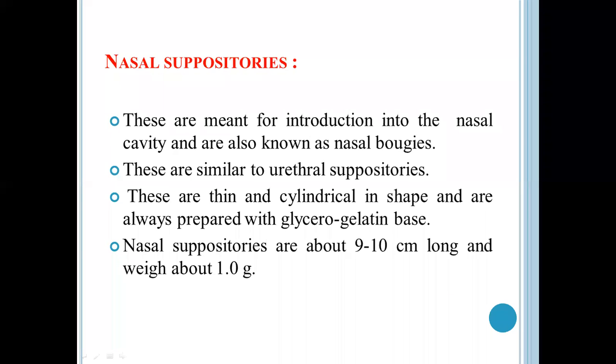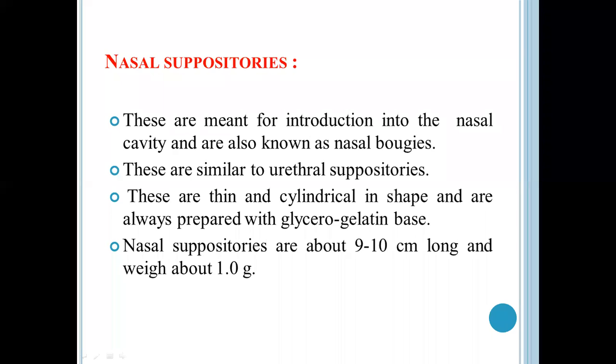Do you understand what you have to do? Yes. It means you have to place this medicament into this particular cavity. So these are meant for introduction into the nasal cavity. Pessaries is another term for which suppositories? Vaginal suppositories.